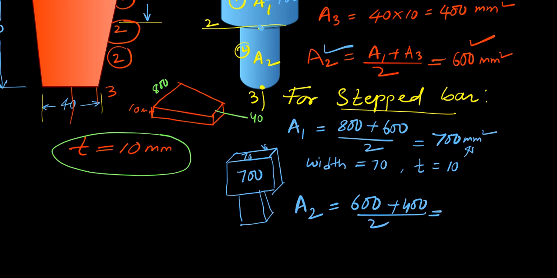So it's 500 millimeter square. It means here the area of cross section is 500. So for 500, the width is 50 for the other stepped bar and the thickness is 10. Okay, so first this is 70. Next for the other element it is 50. Okay, so width is 50 and thickness is 10 for this.